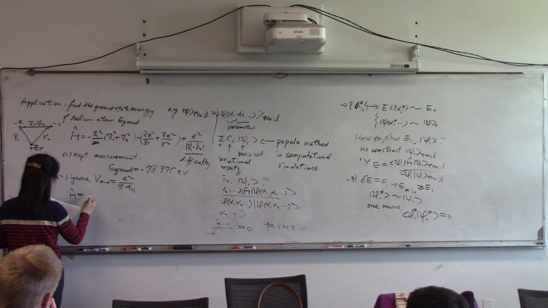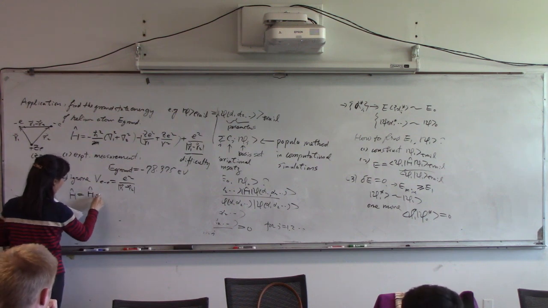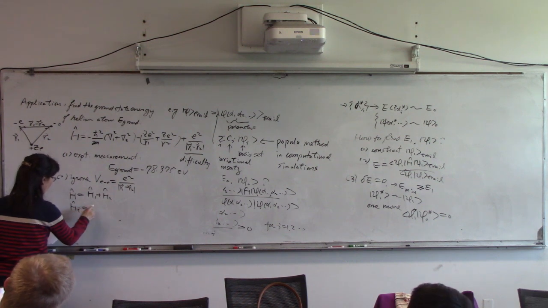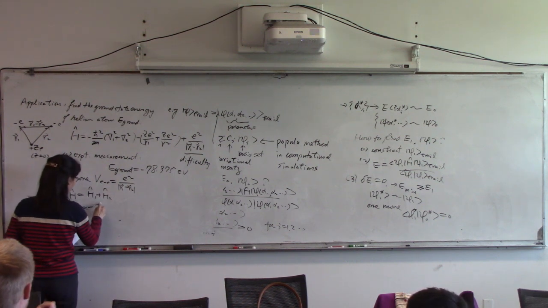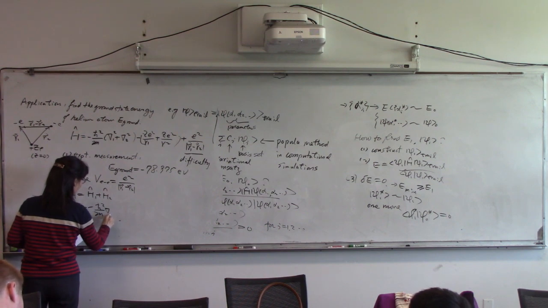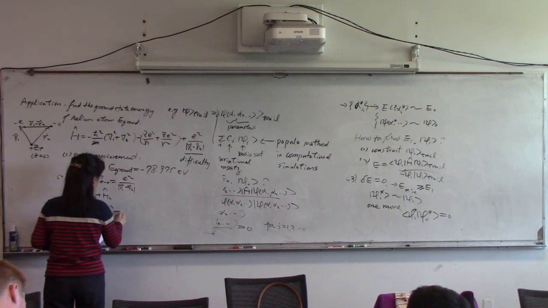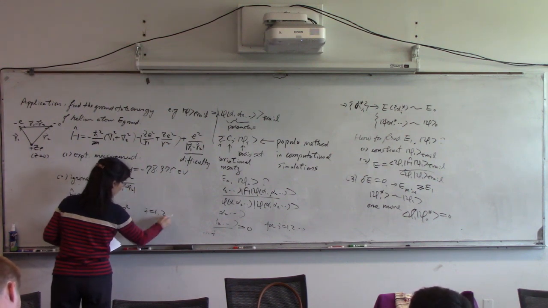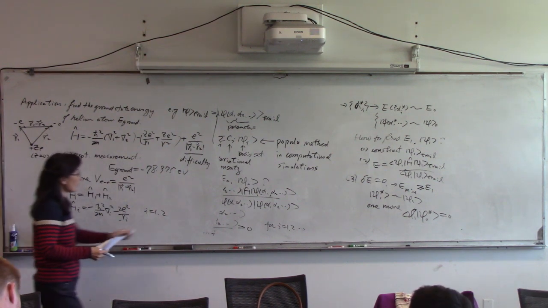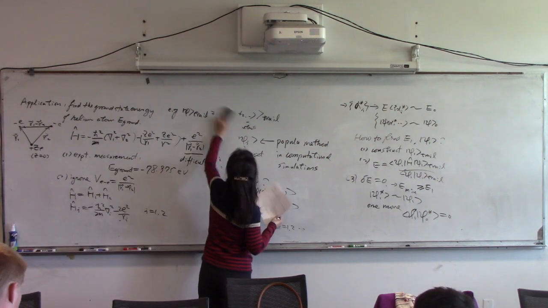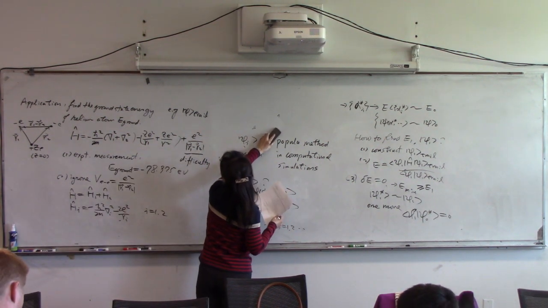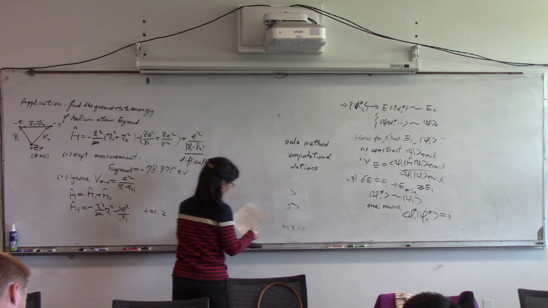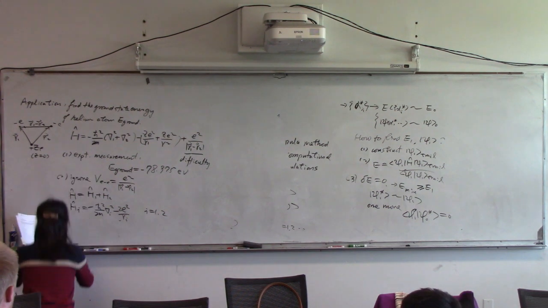Combined, I can easily use H1 plus H2, and each Hi, with i equal to 1, 2, is the kinetic energy part plus potential, right? So we can separate, and we can easily solve this.